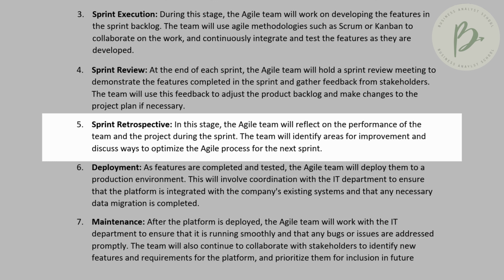So we would look at reviewing or reflecting on the performance that we had in the last sprint, as well as in the project during that last sprint. We will identify any areas for improvement, and then we will discuss ways to prioritize the Agile process for the next sprint so that we don't have those impacts that we had on our last sprint going forward.